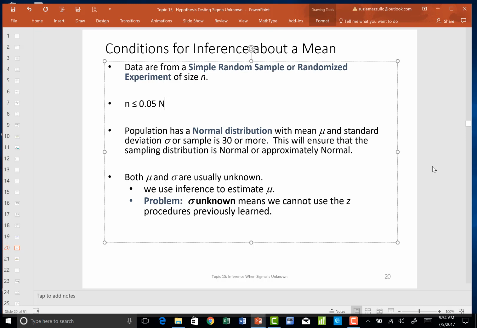It is normal if my population's normal. It's approximately normal if I don't know anything about the population or know it's not normal and I have sample sizes of 30 or more. Then we don't know what sigma is, so we'll have to go to the student's t-distribution.